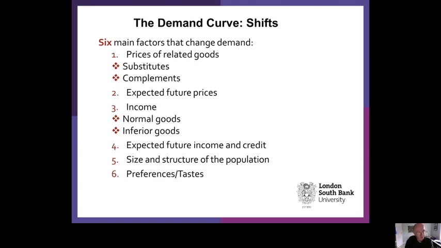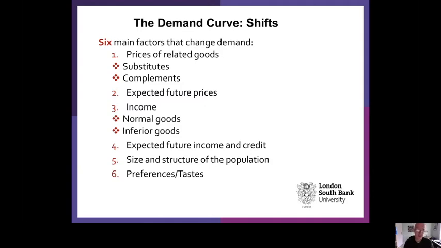Okay, so clearly, if your preferences or your tastes towards something improve, you like that thing more, in other words, if your tastes change favorably towards something, then you're likely to demand more of it. So that would cause the demand curve to shift to the right. So if an advertising campaign makes people's preferences or tastes change favorably towards the item, that's going to increase the demand for the good.